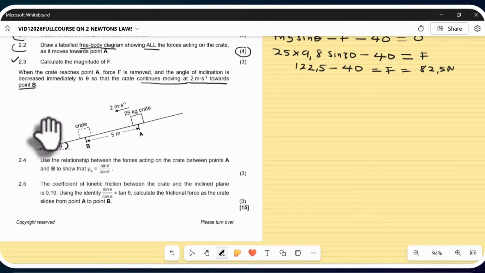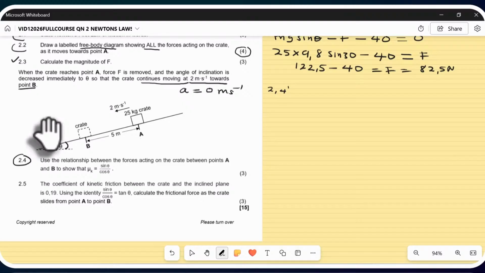Okay, and so now what must we do? They say that now use the relationship between the forces acting on the crate between points A and B to show that the coefficient of kinetic friction equals sine theta over cos theta. So this is 2.4. Because the crate continues to move downwards, it means that our F net equals the mass times acceleration, which we said equals 0 because of the constant speed.